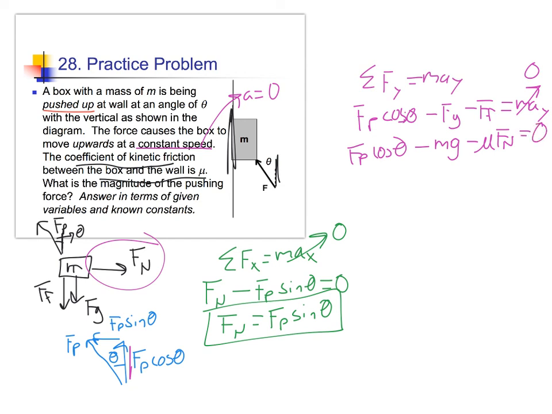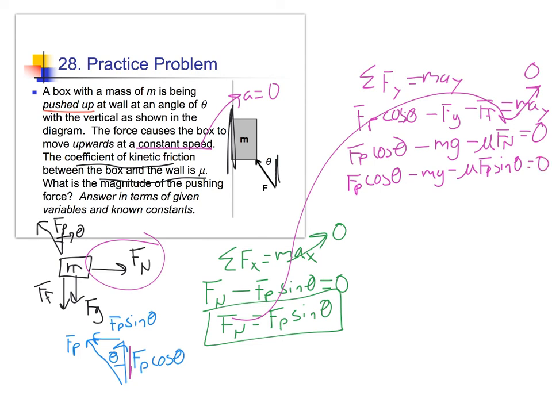I'm going to go ahead here and do the same thing that I always do, and that is taking this Fn and subbing in here. I know it seems like a lot of algebra, but let's stick with our basic idea of solving these and see what happens. So we have Fp cosine theta, no substitutions there, minus mg minus mu times Fp sine of theta equals 0.